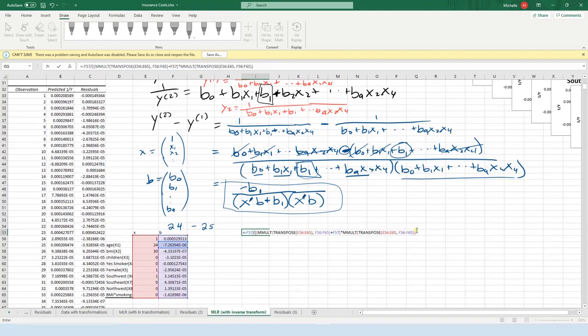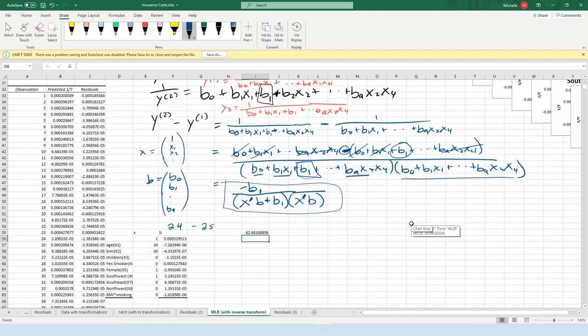Let's make sure that I've closed my parentheses appropriately. Okay, good. So let's press enter. I forgot to close a parenthesis for transpose. So close it for transpose. So that's the transpose of that guy, then this guy. Okay, there we go.